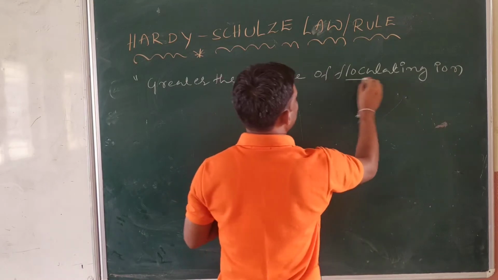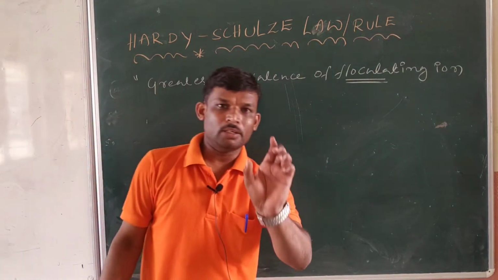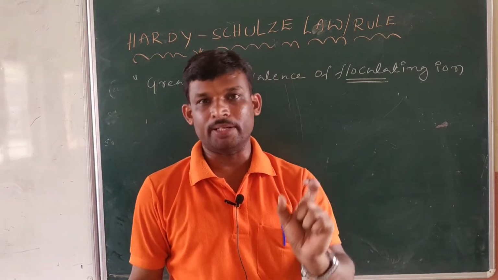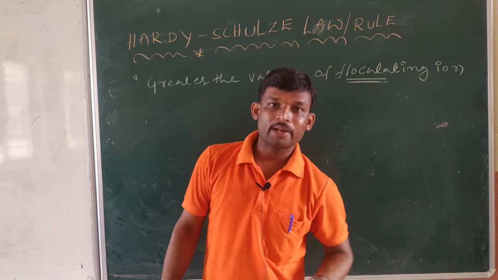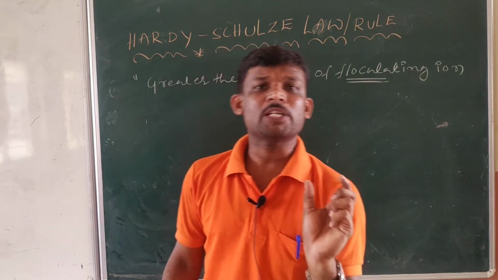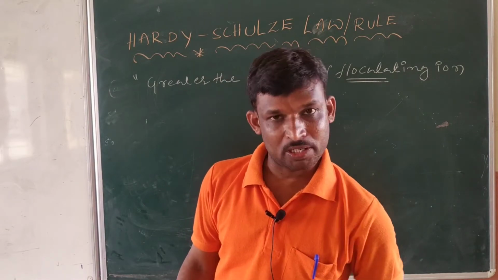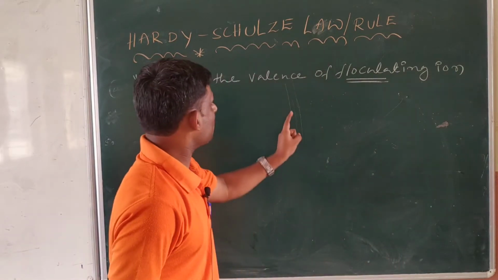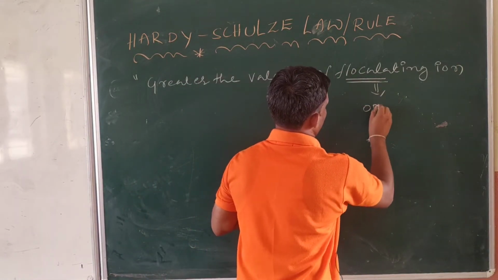What is the flocculating ion? When I add the electrolyte to the colloidal solution, precipitation takes place by the electrolyte's oppositely charged particles. Is that right or not? So the flocculating ion is nothing but the oppositely charged ion.